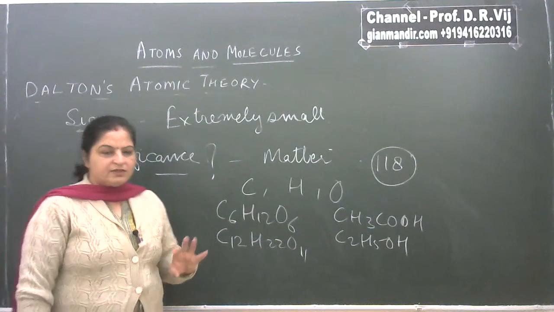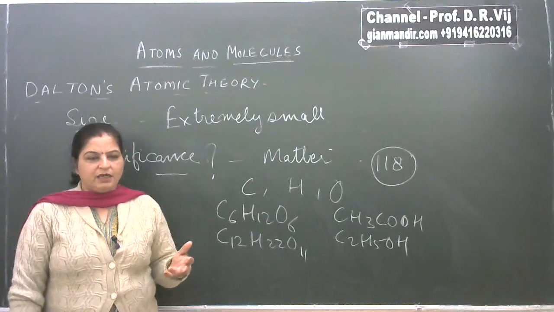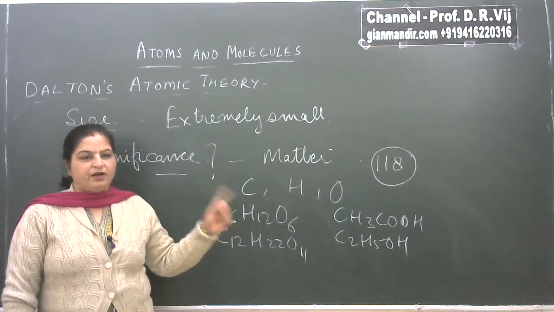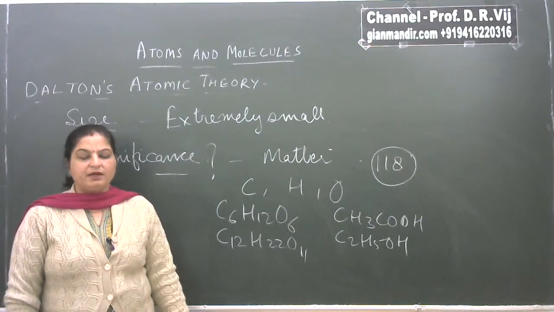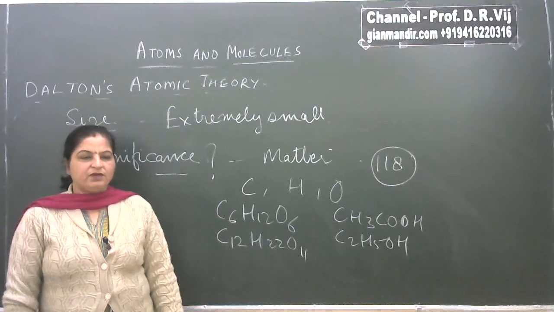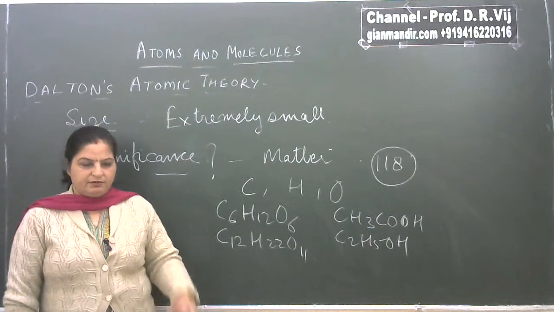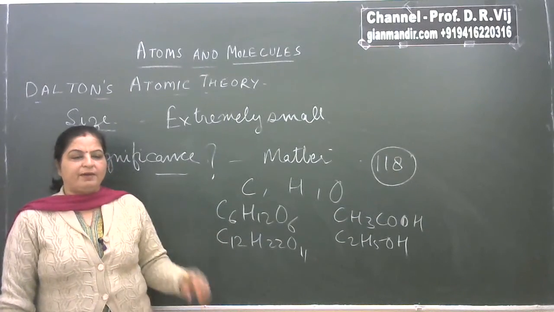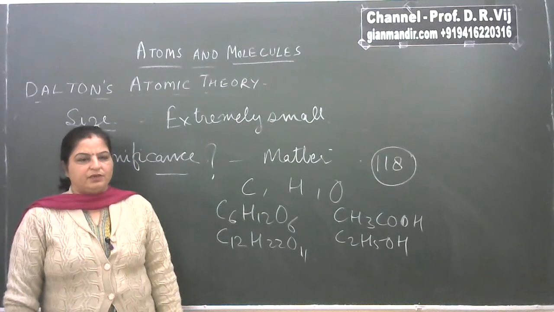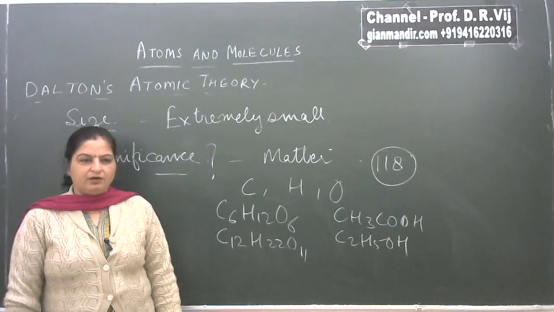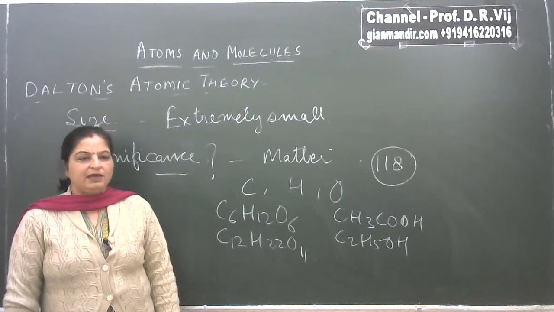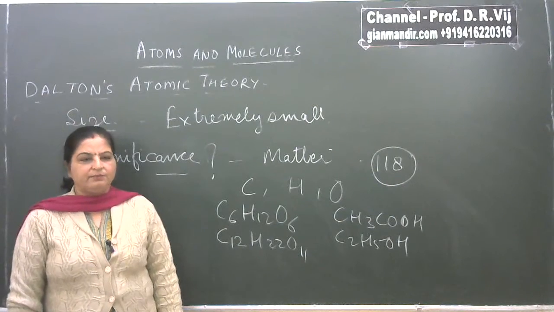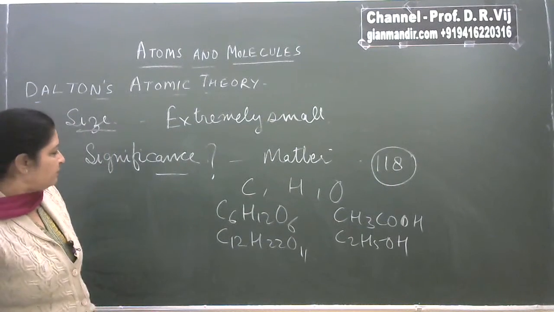So the various ways of combining these elements give rise to the variety of matter around us, and that's why it becomes very important to know about the atoms. If you want to get some knowledge about matter, first of all you must know about the atoms, right?